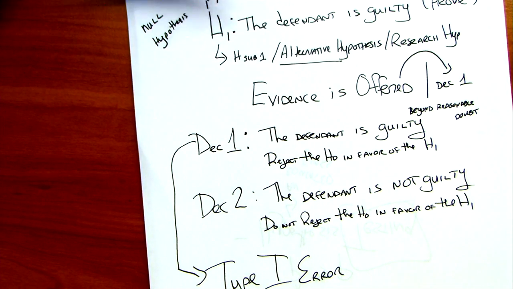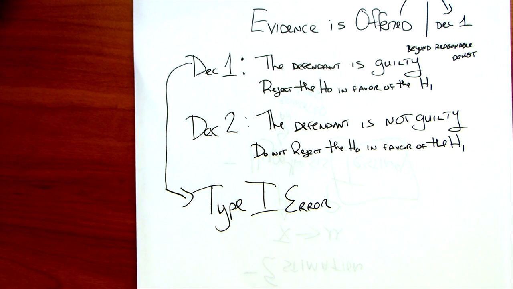It's like Roman numeral 1, type 1 error. So if I make a type 1 error in a criminal trial, what have I done? I made decision 1 and I was wrong to do so. I've convicted an innocent man, right? If I make decision 1 and I'm wrong, I've committed a type 1 error.